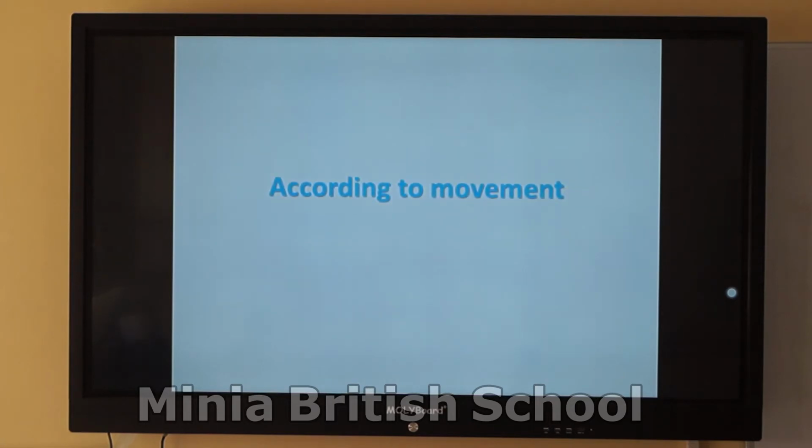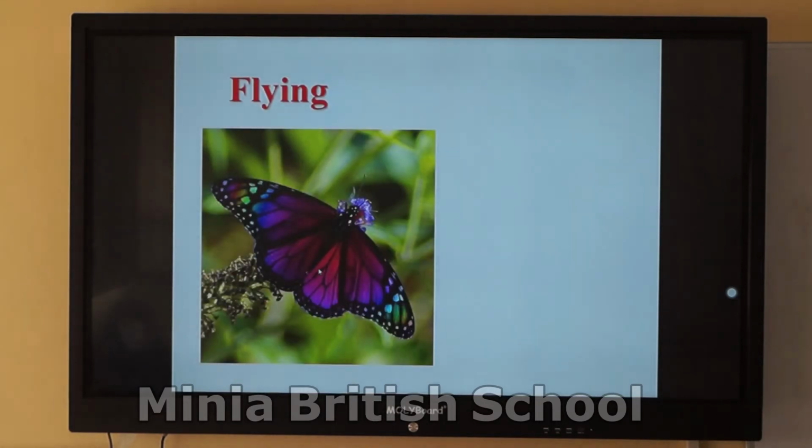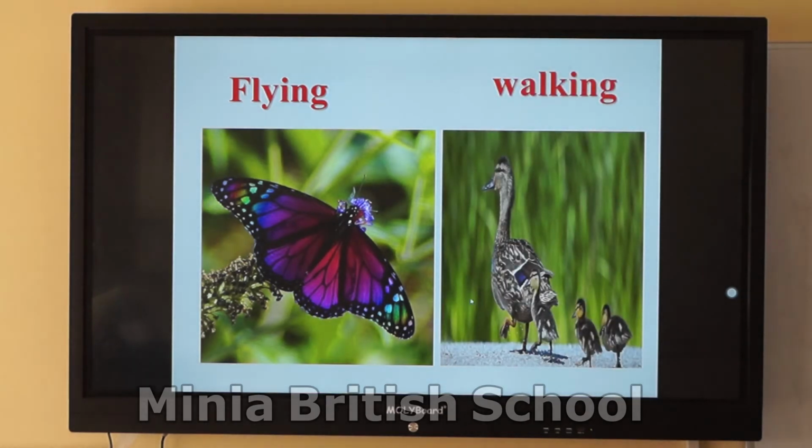Animals also are different according to the movement, according to the way they move. How? Let's see. A butterfly can move by flying. Yes. A duck can move by walking.